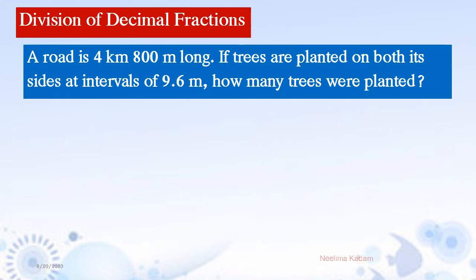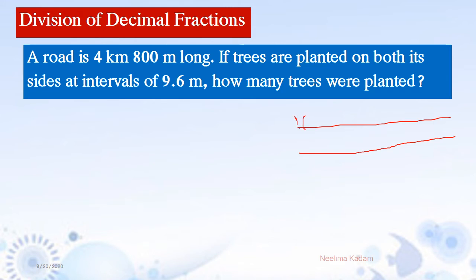See, you have to read the sum slowly and try to understand what is given. Total road is 4 km 800 meter long. So this is the road and we have to plant trees on both its sides at intervals of 9.6 meter.